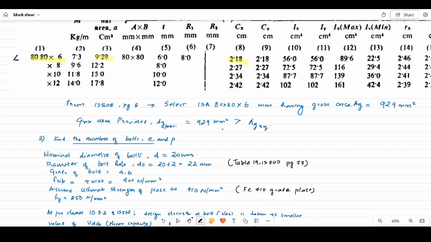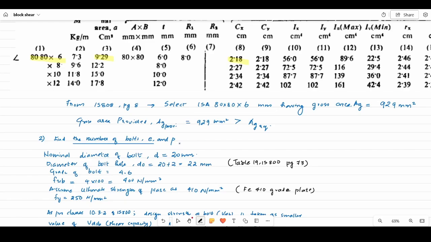Now since we have to design a bolted connection as a connection joint, we have to find the number of bolts. Then only we can do the remaining design checks, that is the rupture check and the block shear check. Here the load is given as 200 kilonewton, and for that load we have to design the connection.